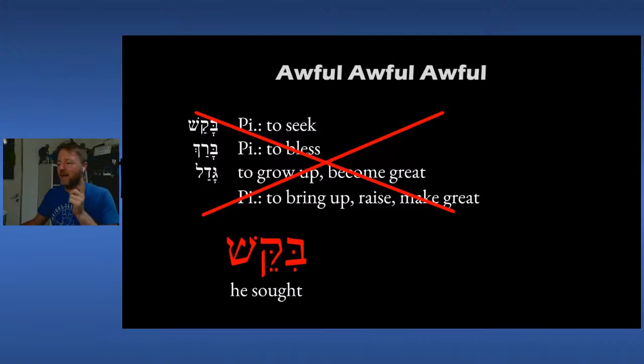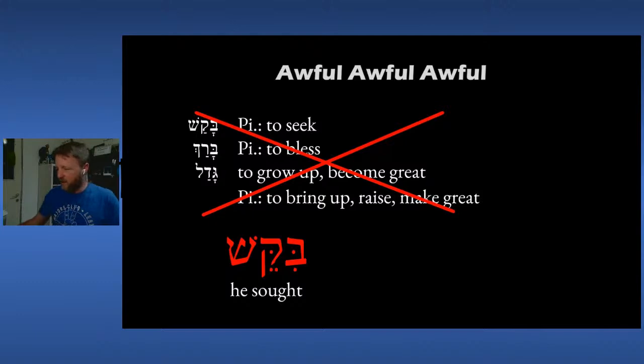It is not bakash. You need to learn it in the piel, not in the kal, saying, oh, it's bakash and then it's bikesh. You can't learn a word that way. You need to feel how the word is expressed. Bikesh, he sought.